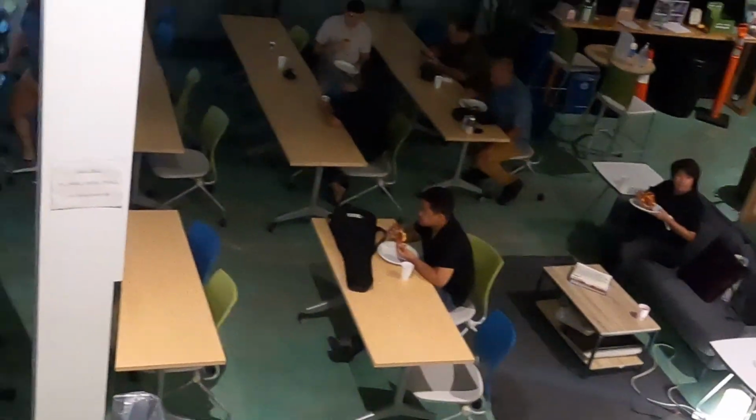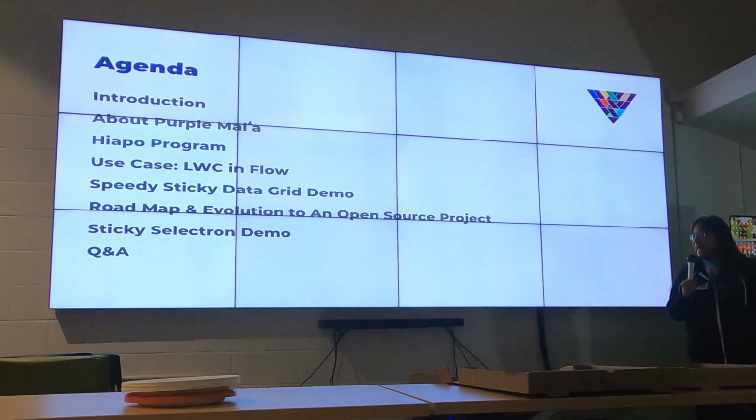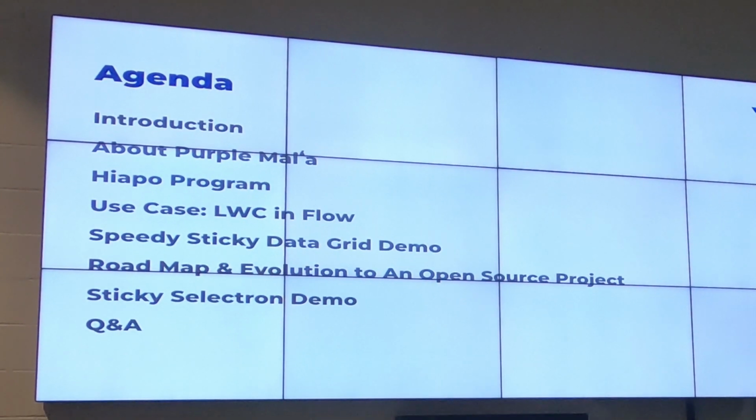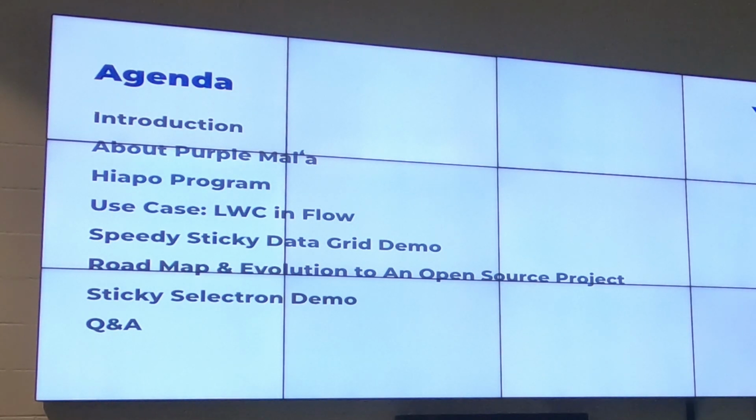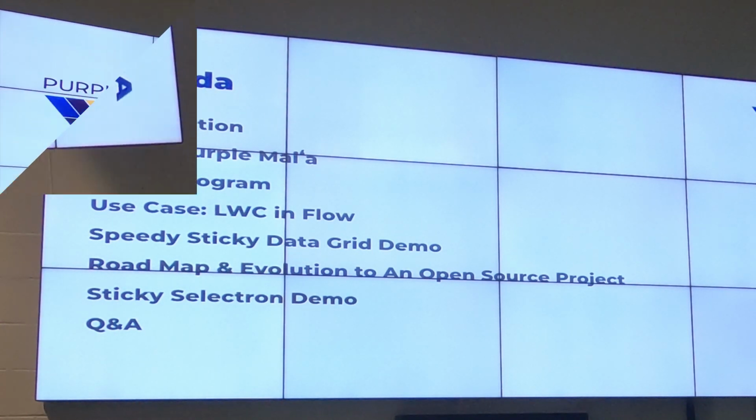That's our version 1, which we initially called Speedy Sticky Data Grid. Then we'll go over the roadmap and the evolution of our Lightning Web Component to becoming an open source project. David will then demo our latest version, now that we are an open source project, and we've named it Sticky Selectron, followed by Q&A.